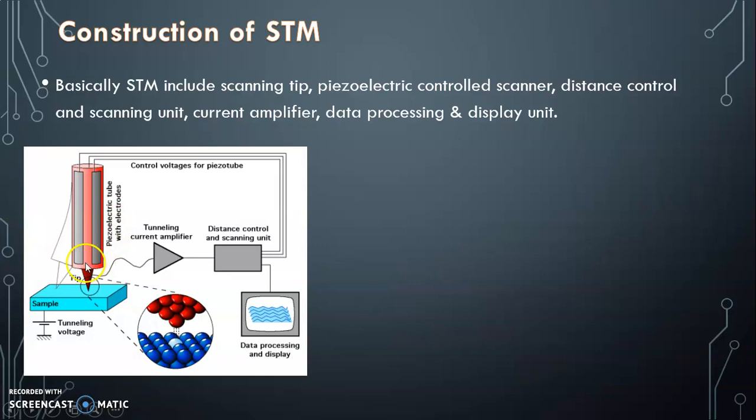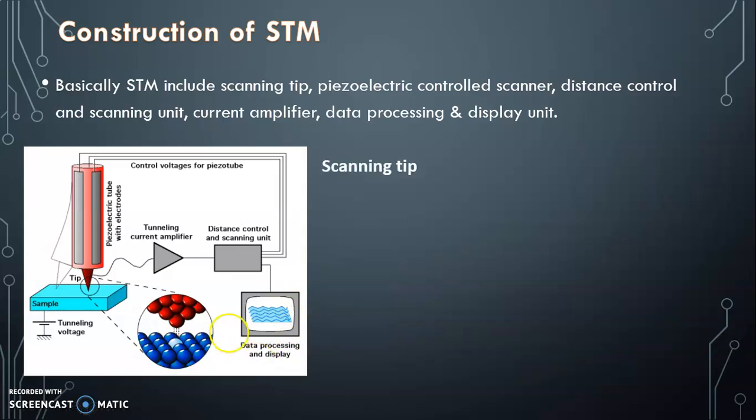This is the scanning tip, which is mostly made up of tungsten, then the piezoelectric control scanner, this complete, then distance control and scanning unit, this is the amplifier, and here the data processing and display unit.